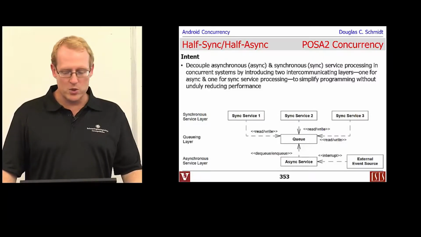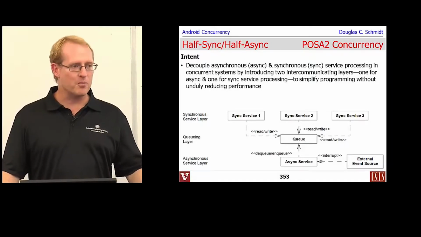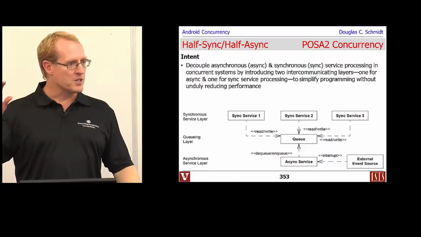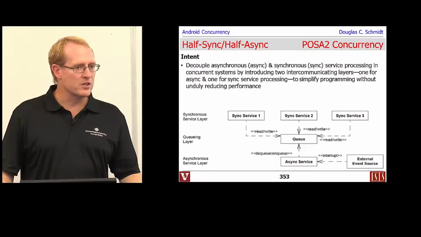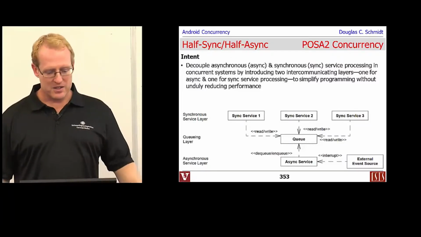It's a POSA2 concurrency pattern. The intent of this pattern is to decouple the asynchronous portions of the software from the synchronous portions by introducing two intercommunicating layers, the async part and the sync part.